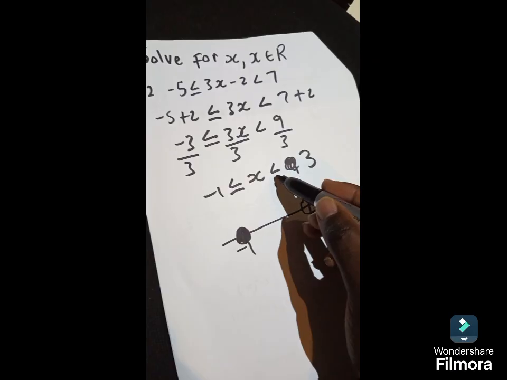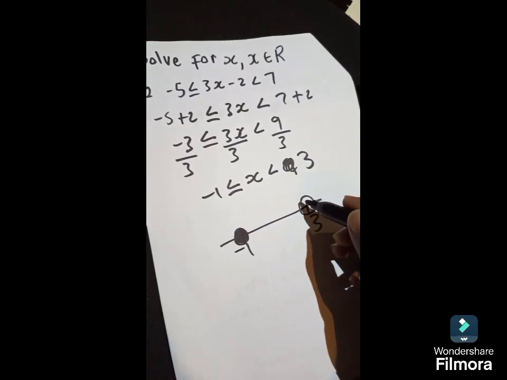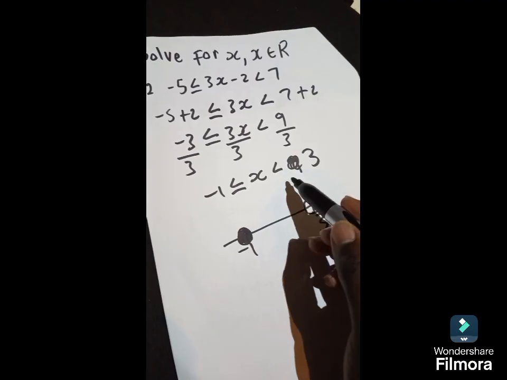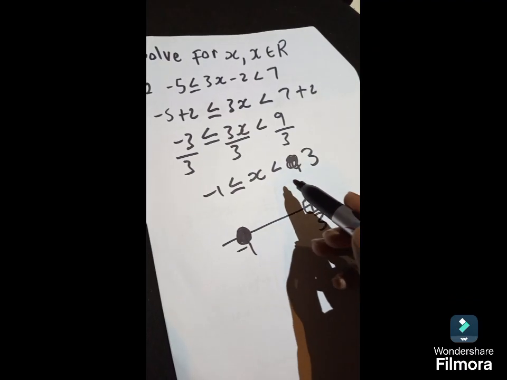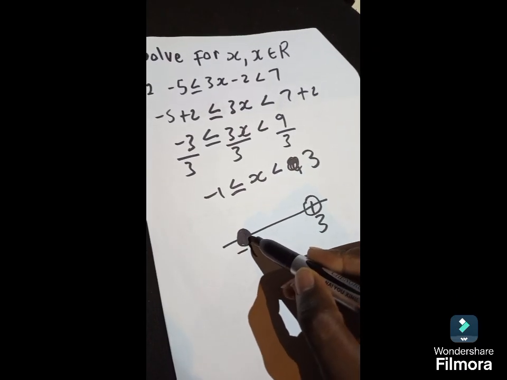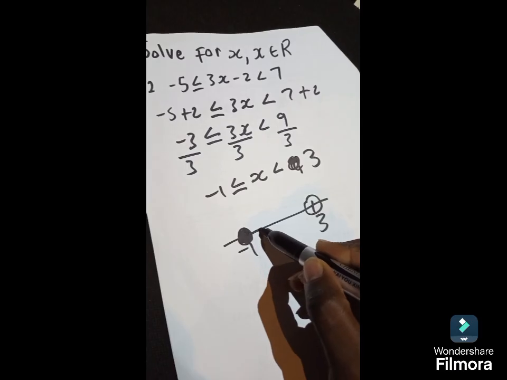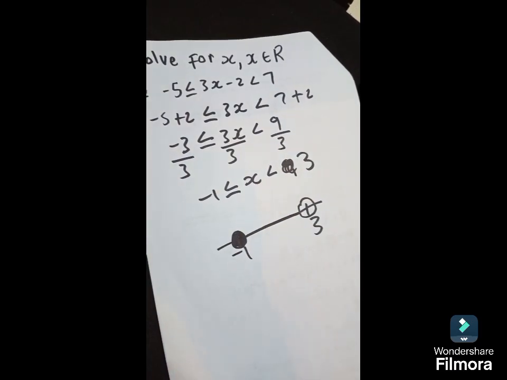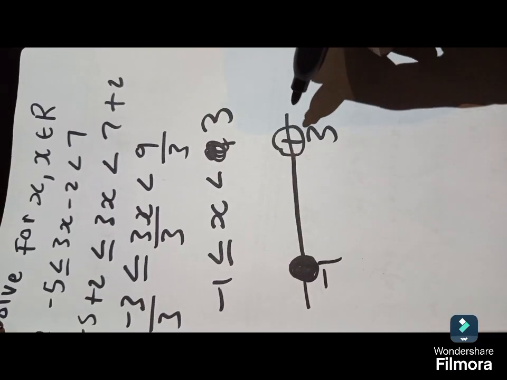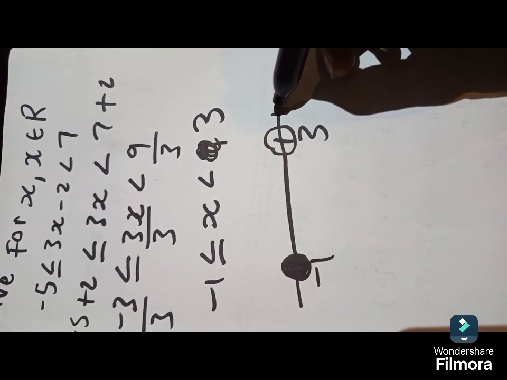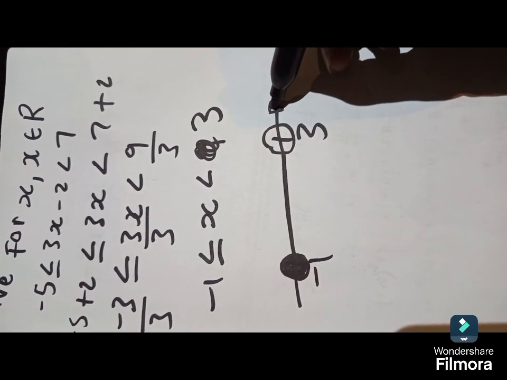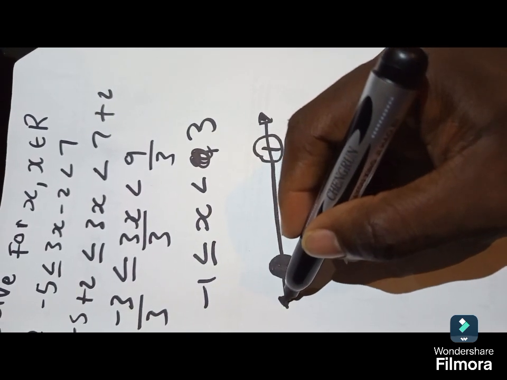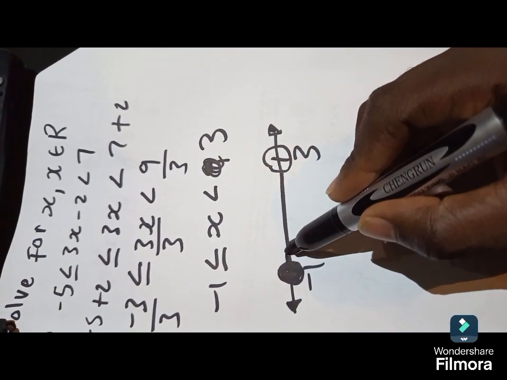If there was a line here, then you're gonna shade 3 here, but since we don't have an equal sign on this inequality, you don't shade that 3. So now this is where x lies. Since this is a graphical solution, your line must have arrows here. So this is a line here.